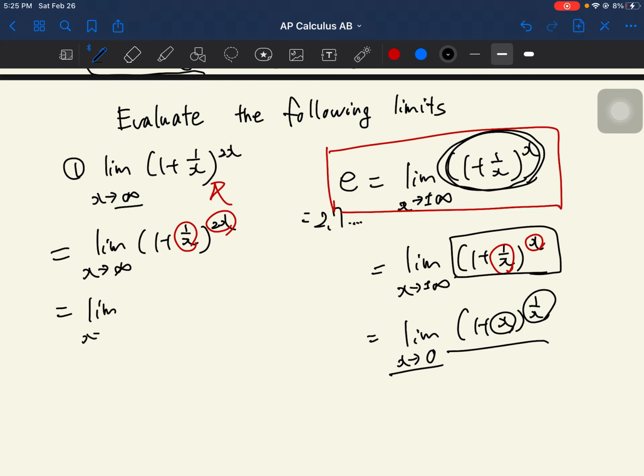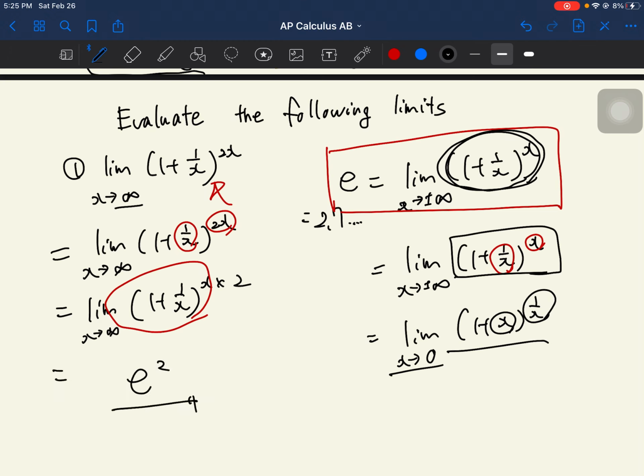So let's change it a little bit: (1 plus 1 over x) to the power of x times 2, like this. Then again, this is the definition of e, so it's going to be e to the power of 2.